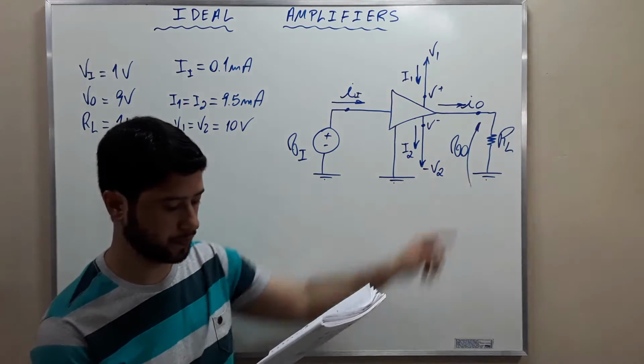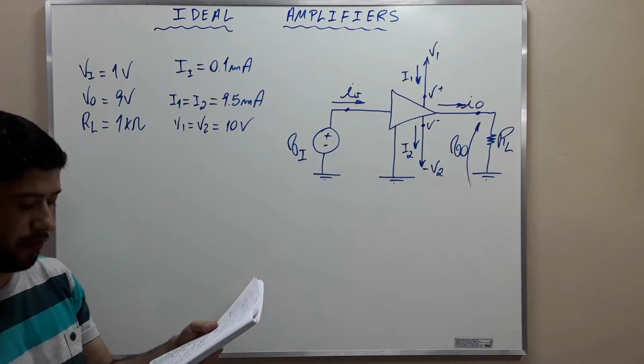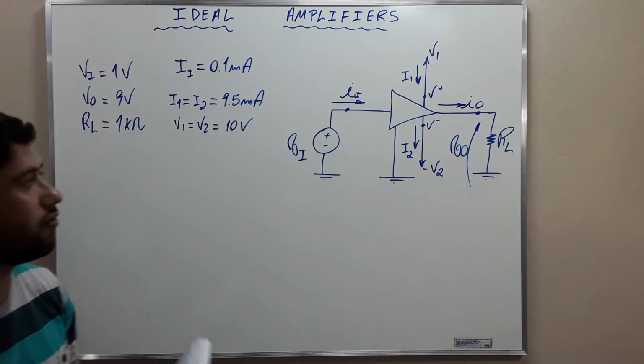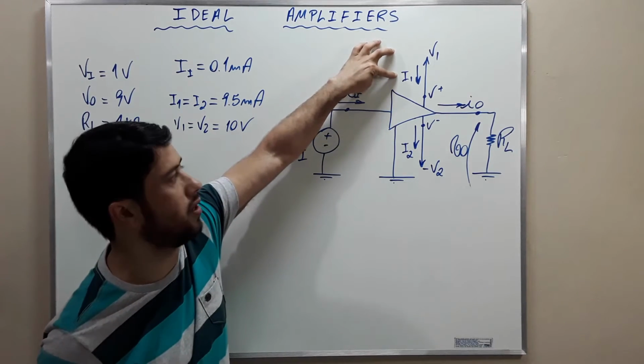The amplifier draws a current of 9.5 milliamperes from each of its two power supplies. These currents here.